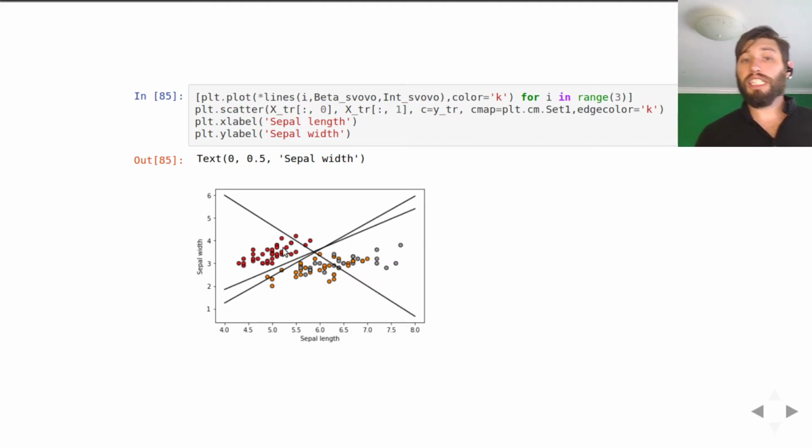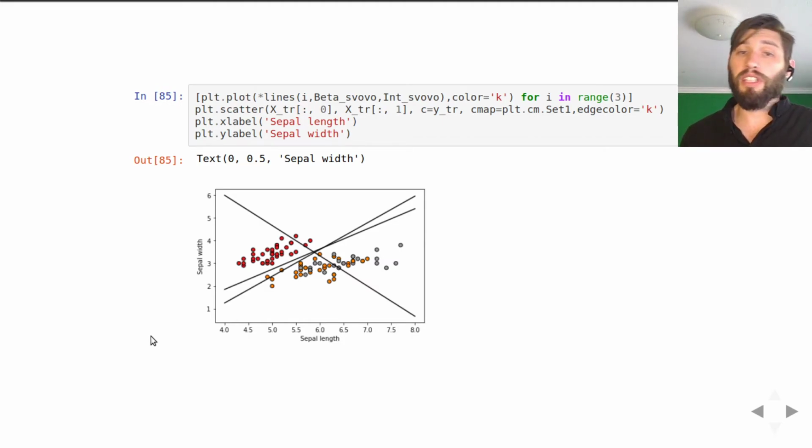We can still extract the betas, and we can look at the separating hyperplanes, and these are still based on the one versus one training method. There are 3 choose 2 different comparisons of pairs of classes, which is just 3 of them. So we get 3 different separating hyperplanes, but remember, this isn't a separating hyperplane for one versus rest.